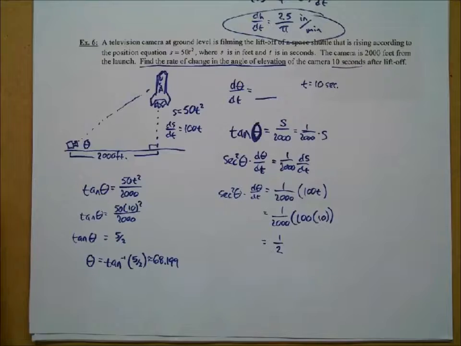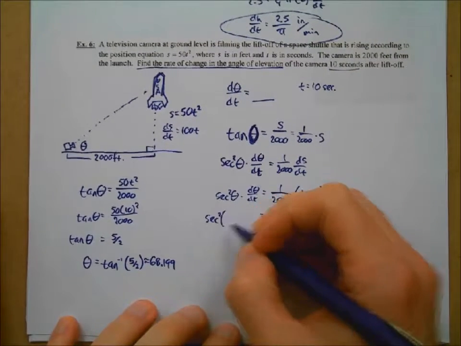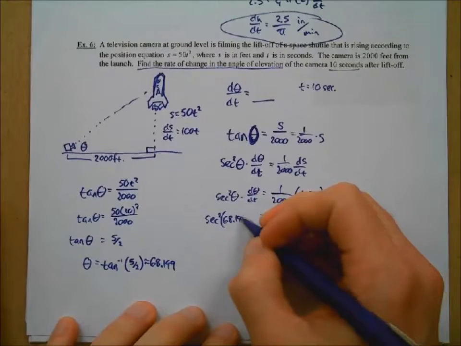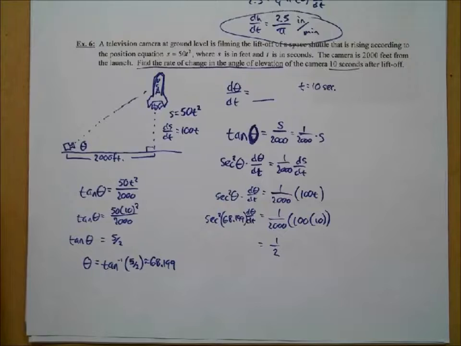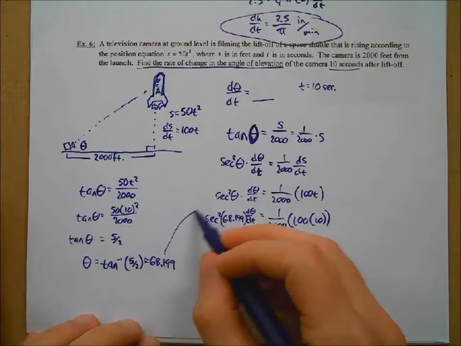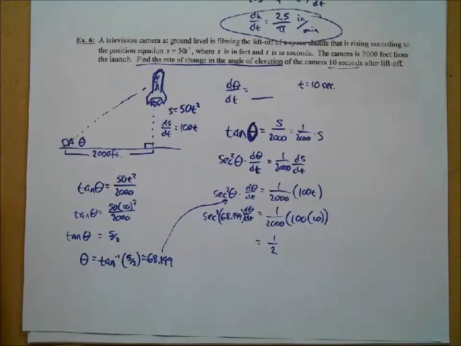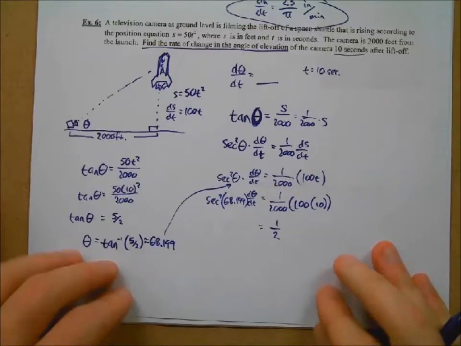So we're going to plug that in now for secant squared theta. And now we have everything that we need, right? So we're going to go ahead and calculate what secant squared of 68.199 is.